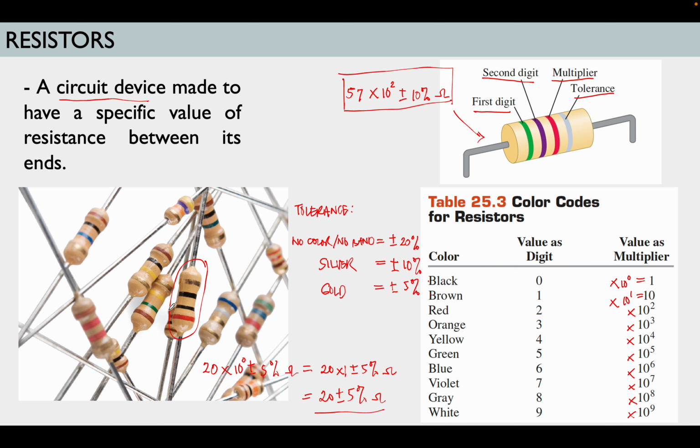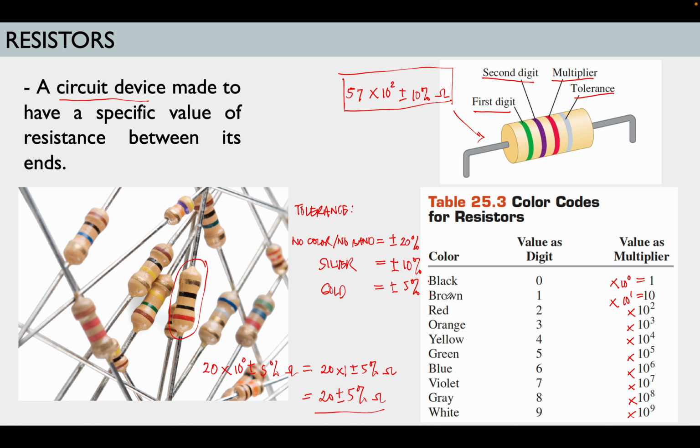So this is the value of the resistance of this resistor by looking at the colors. It depends on you how you memorize the sequence of colors. So again, we have black, brown, red, orange, yellow, green, blue, violet, gray, and white. You can make an acronym or whatever is comfortable to you.